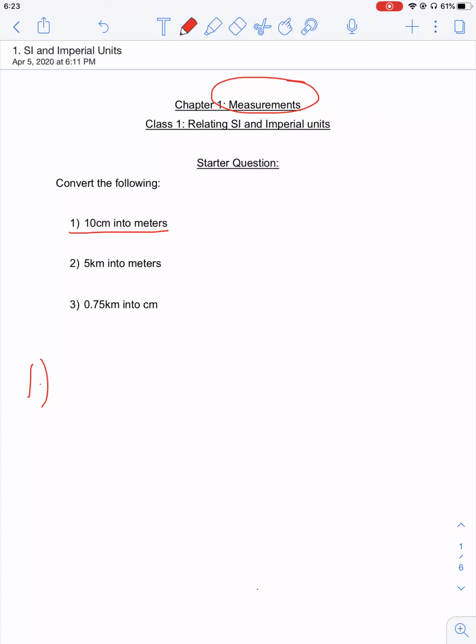Right? So you have 10 centimeters, okay? And you want to change this into meters, okay? So what you're gonna do is you're gonna have to multiply this by a ratio that you are already familiar with, right? So because my goal is to cancel my units, and because I have centimeters on top, I want to get rid of centimeter and get meters at the end, right?